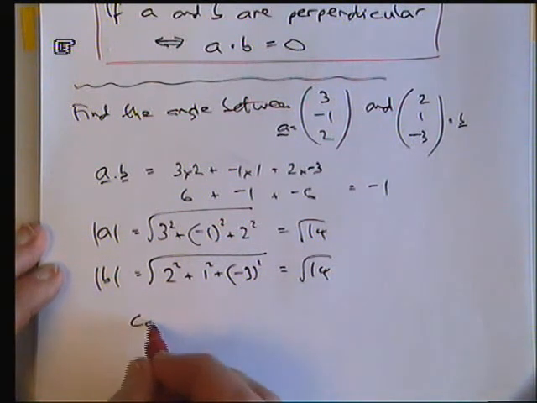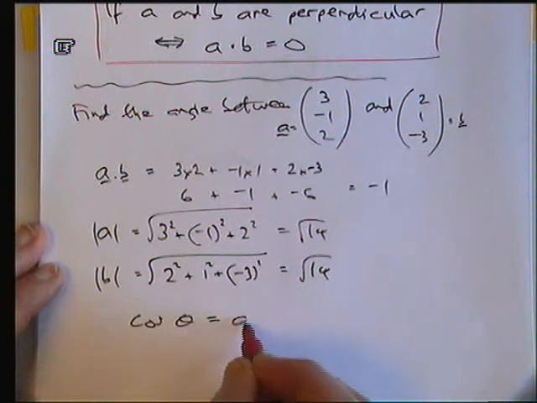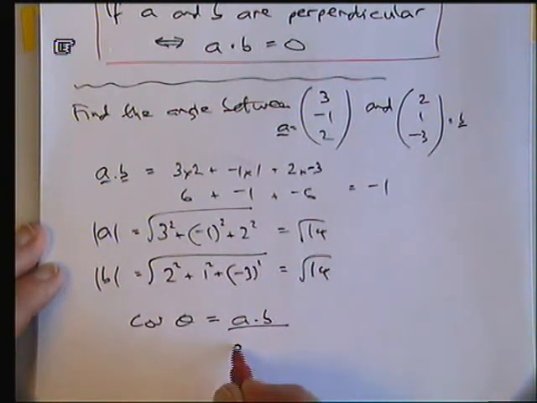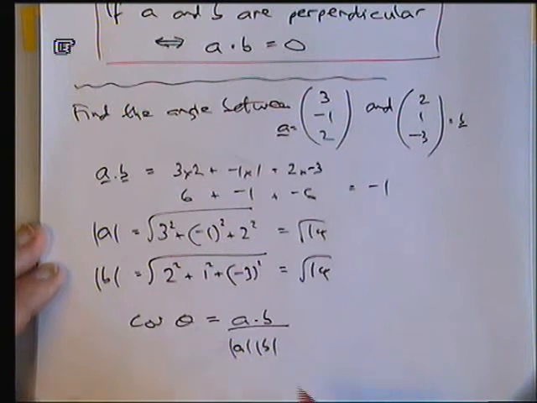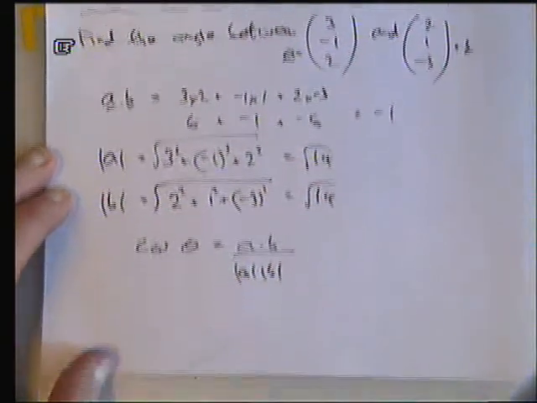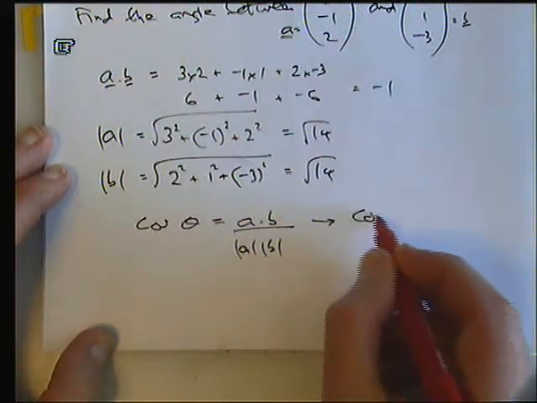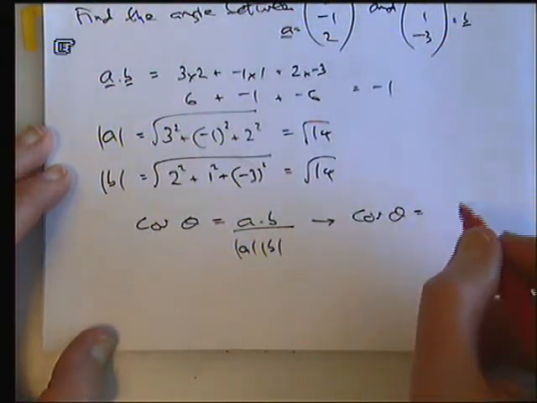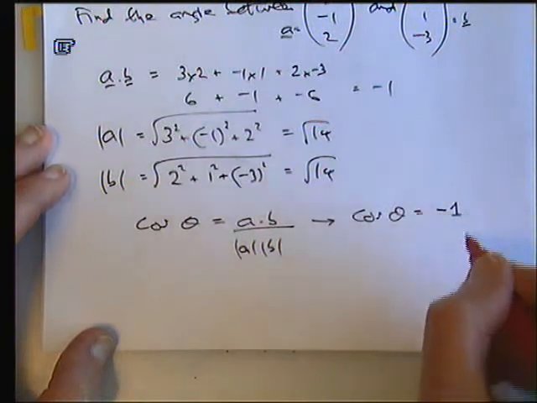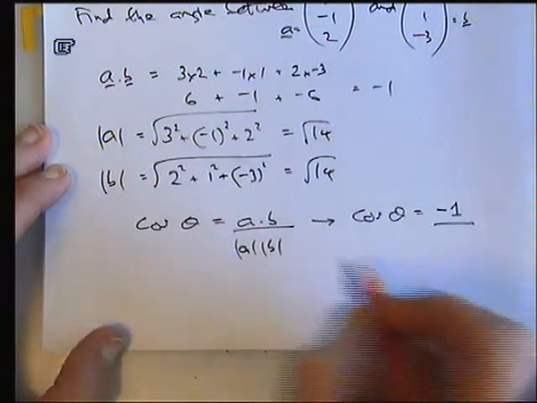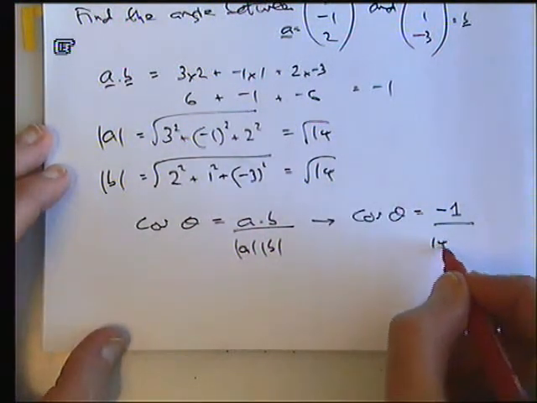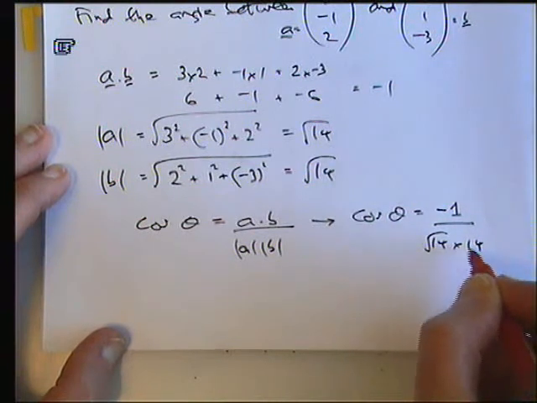So, the formula we're going to be using is that one. We've got everything we need now. So going from there, cos of theta equals A dot B, which was minus 1, over root 14 times root 14.